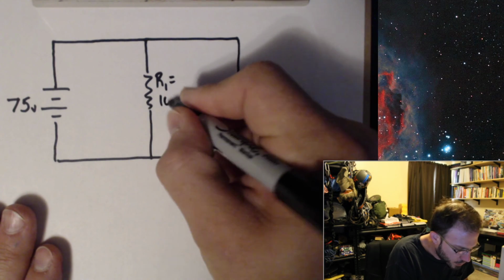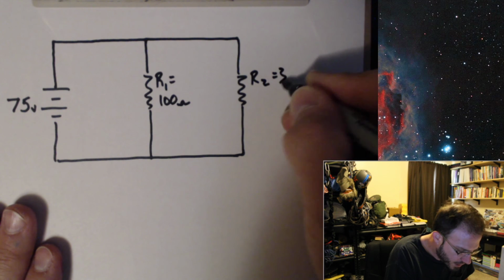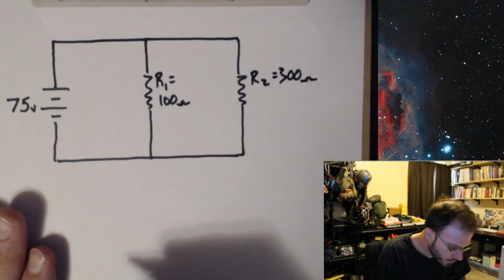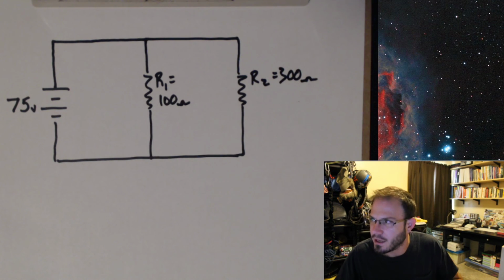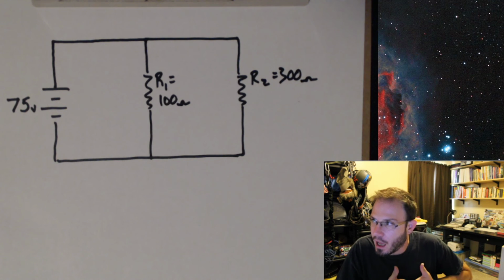Let's say R1 is equal to 100 ohms. R2 is equal to 300 ohms. And this is all I got. Here's my question. Okay, can I figure everything about this circuit?